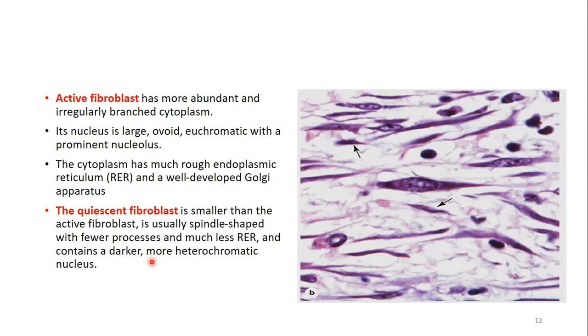So you find that in terms of size, the young fibroblasts have a large nucleus, and the entire cytoplasm stains highly because it has a high number of rough endoplasmic reticulum.